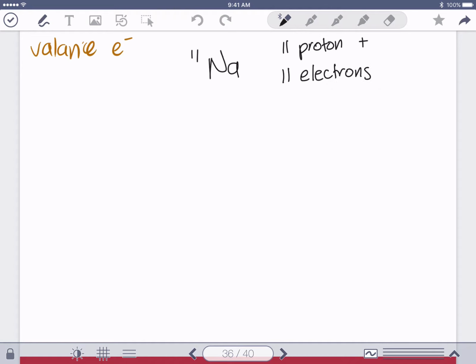Well, the truth is that not all these 11 electrons are responsible for any type of chemical reactions or chemical bonds that sodium can form.